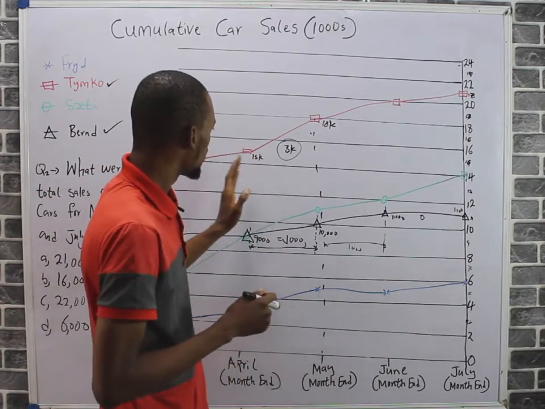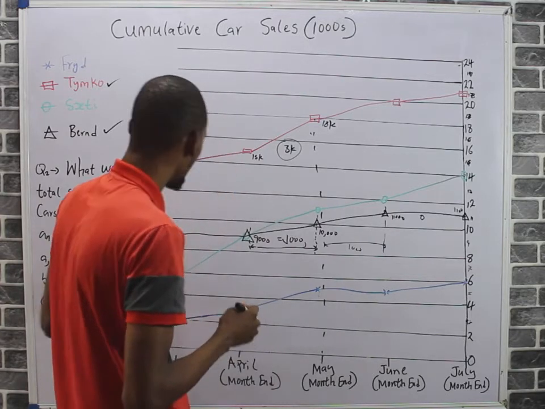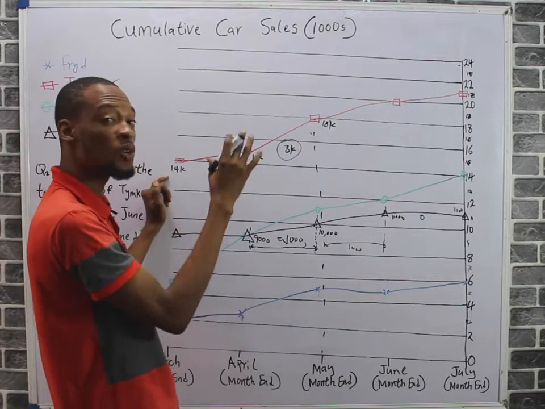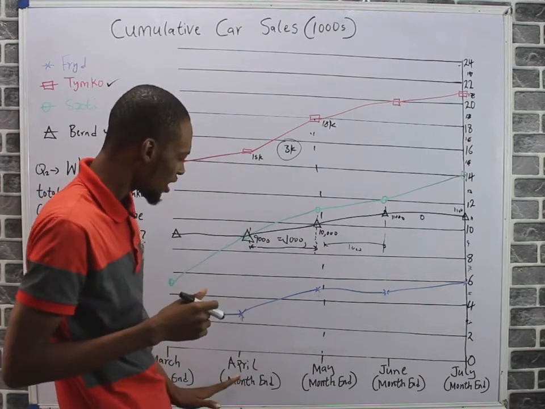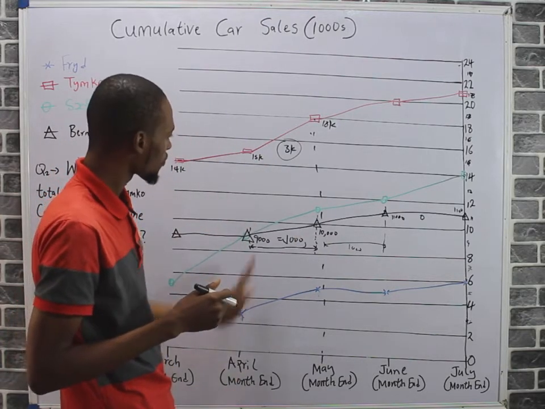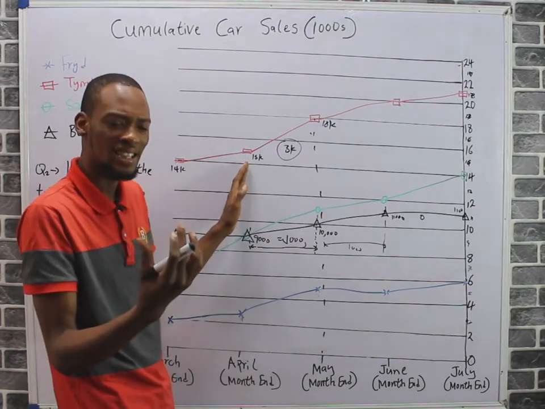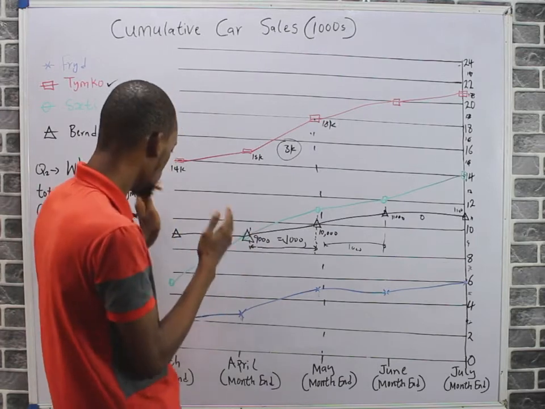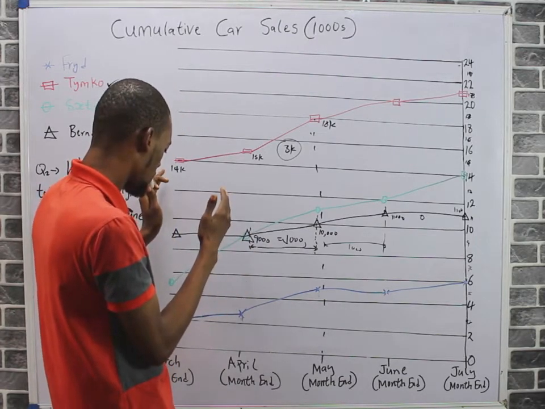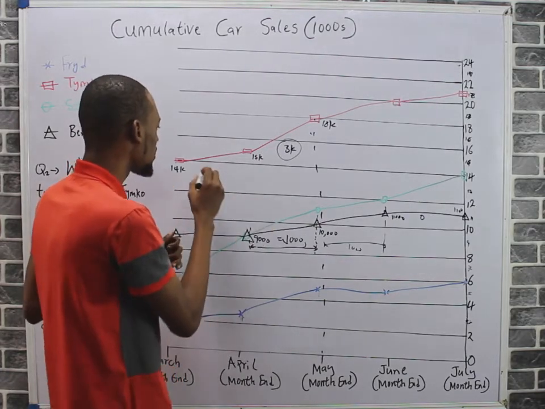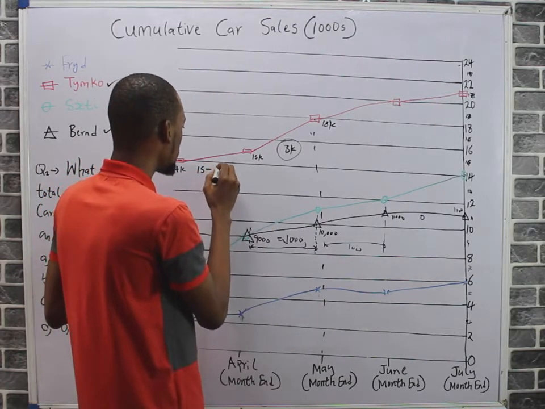Now, at the end of March, they sold 14,000 Tymko cars. At the end of April, they sold 15,000 Tymko cars. This means between March ending and April ending, they made 15 minus 14.